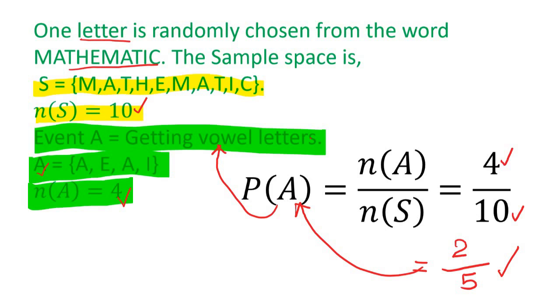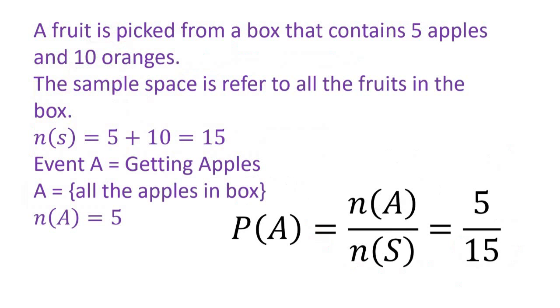Then we're going to see the third example, which is also the last example. Pick a fruit from a box, where the box contains 5 apples and 10 oranges. So the number of sample space refers to all the fruit inside the box, so there is 15.